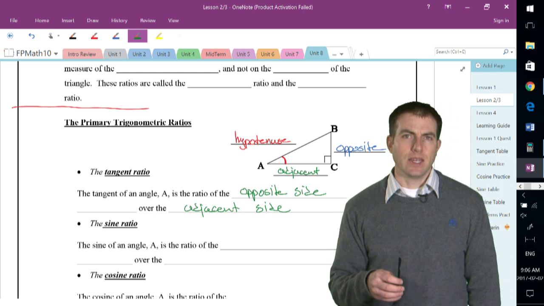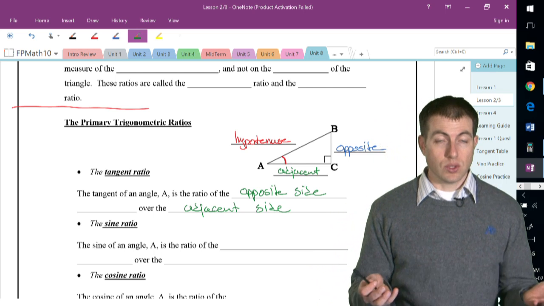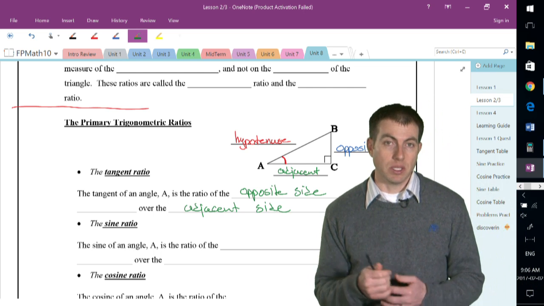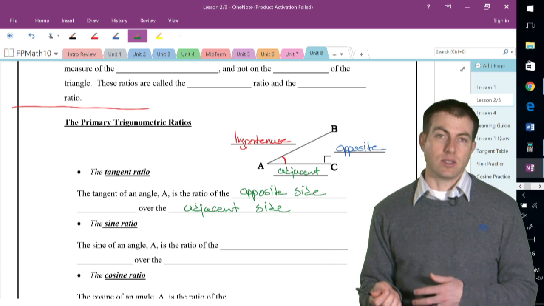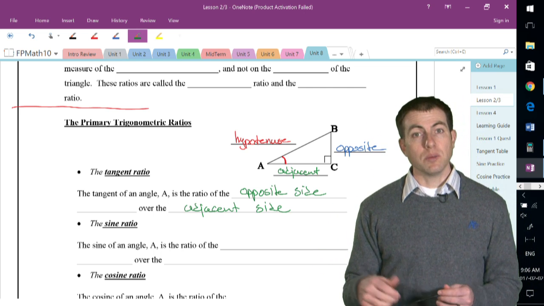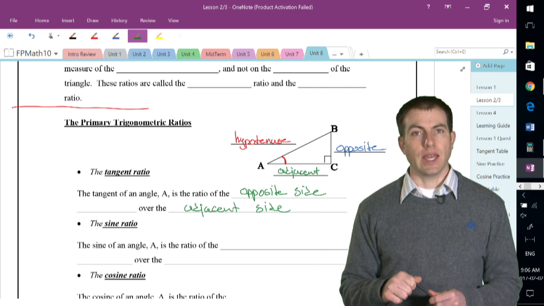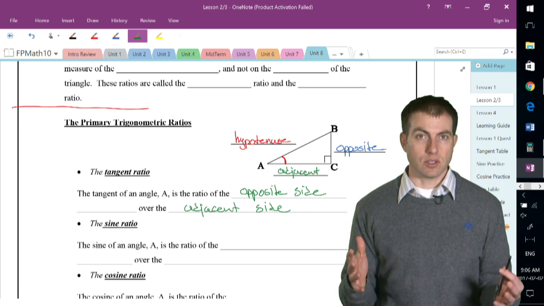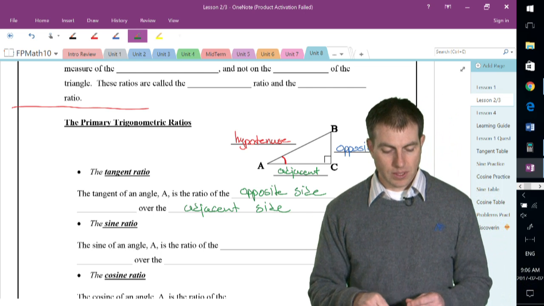The thing with trig is you're going to be given two sides and be asked to find the third, or you're going to be given a side and angle and asked to find another side. So you're always going to be given two pieces of information, and you can find the rest of the triangle from those two pieces of information.